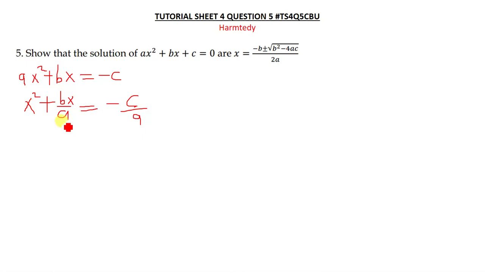Having done this, we can now find the half of this. We complete the square of this part, so we're using the completing the square method.